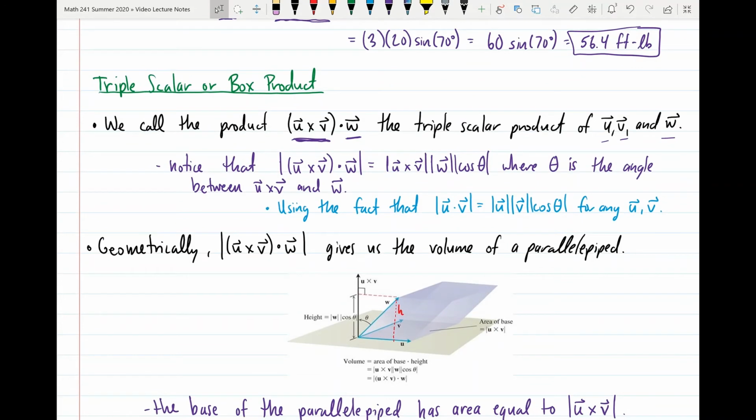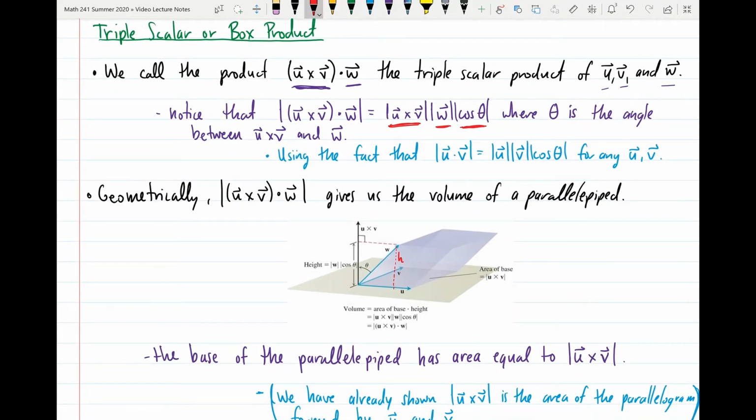Okay, so let's see what we can figure out about this triple scalar product. First we're going to worry about the magnitude of the triple scalar product. Considering that u cross v is a vector and we're taking the dot product of u cross v with w, the magnitude is equal to the magnitude of u cross v, remember that's just a vector, so we're just dot producting 2 vectors here, times the magnitude of the vector w times the absolute value of cosine theta, where theta is the angle between u cross v and the vector w.